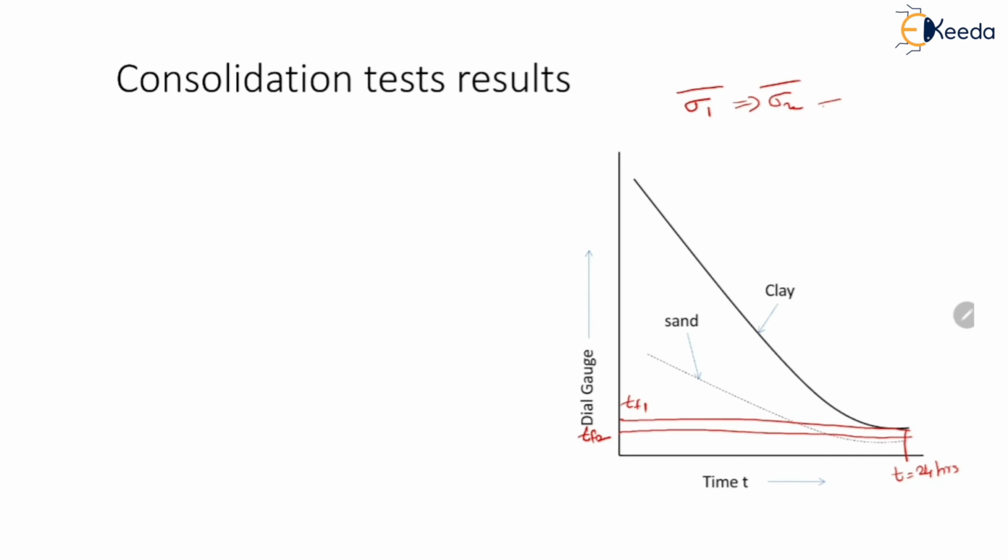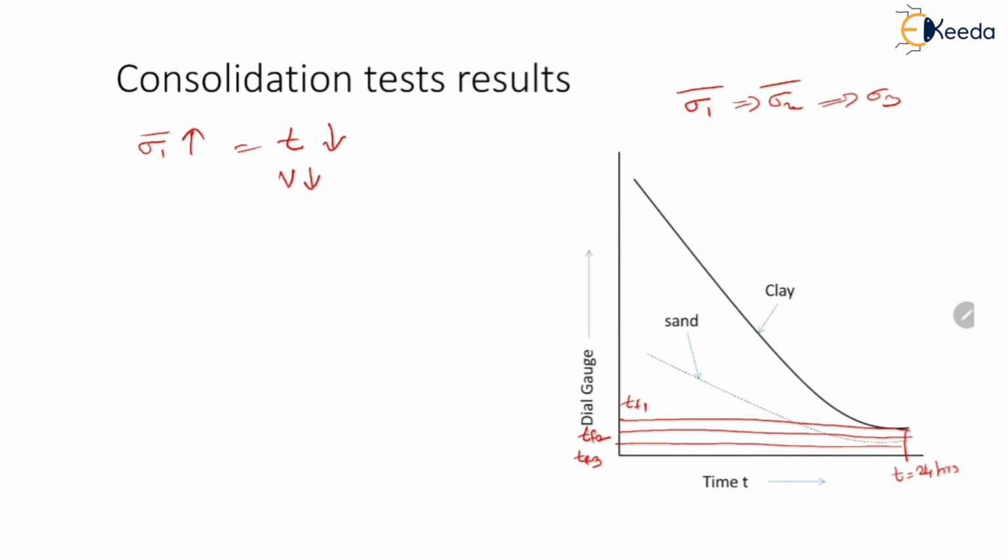If we further increase the pressure to sigma 3 bar, the thickness will again decrease to TF3 and so on. So when we increase the pressure, the thickness of the soil decreases and hence volume of the soil also decreases.